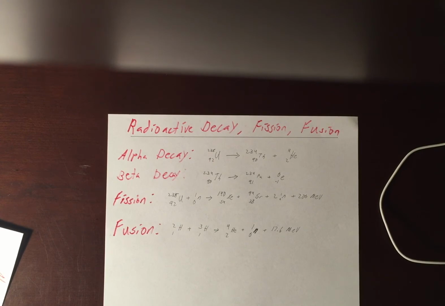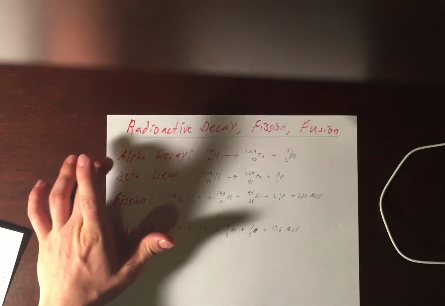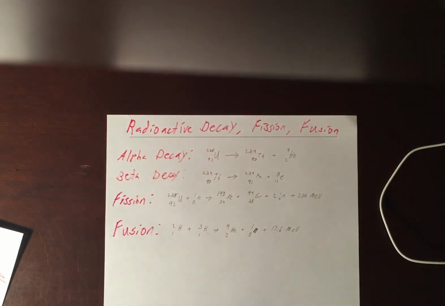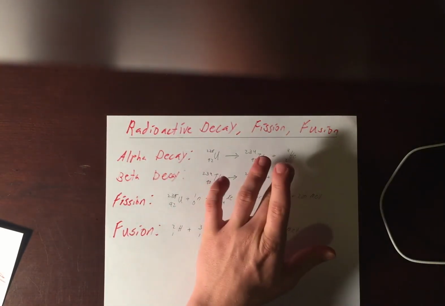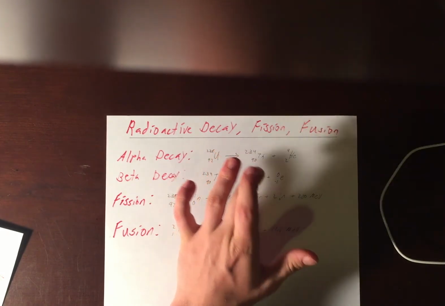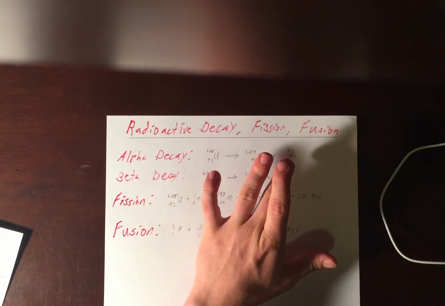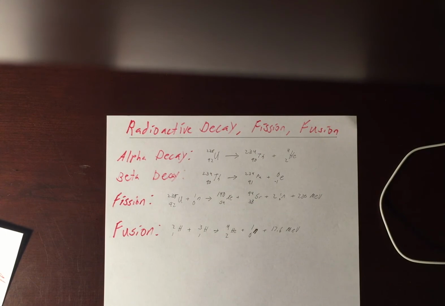And radioactive decay can either be classified as alpha or beta decay. Alpha decay is when you're going to take an atom and then split it, and it'll result in one atom, and then one element of helium 2, 4.